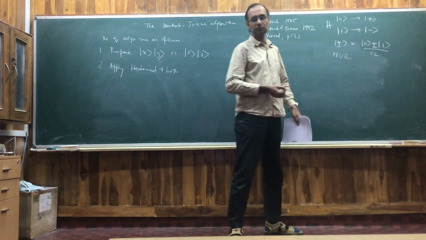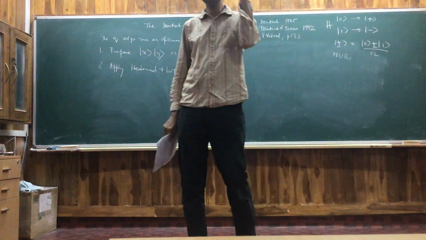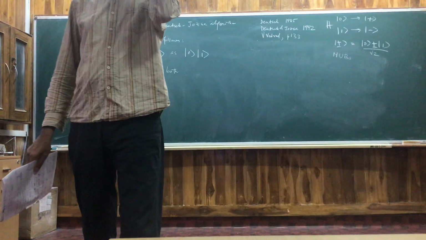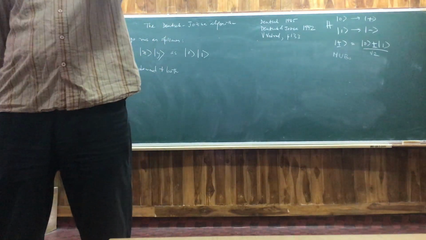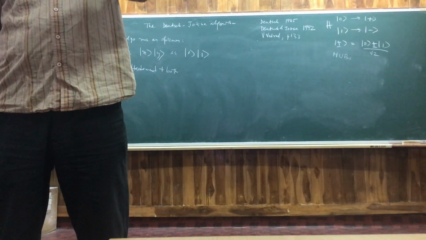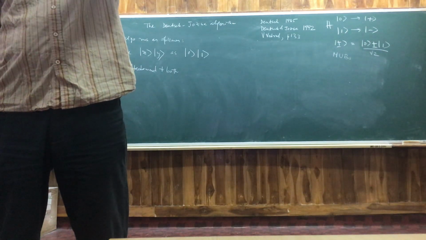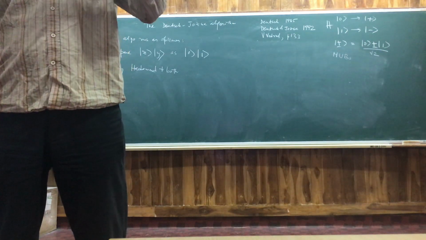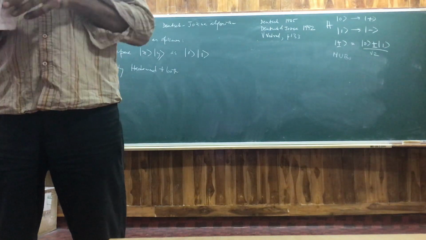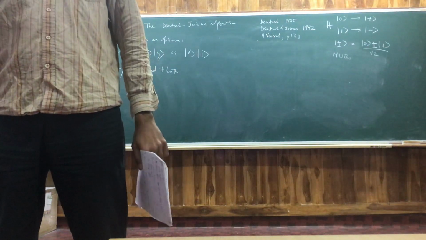Mutually unbiased bases mean that you choose a basis and you go to another basis, then for every element of this basis and every element of the other, if you take the inner product and the modulus, it will give you the maximum value, which is 1 by root d.